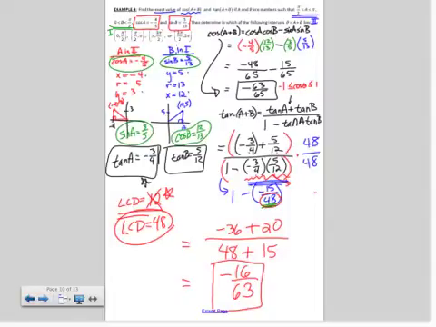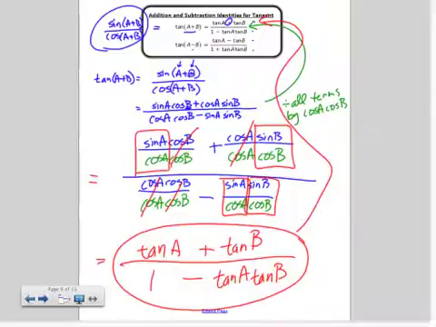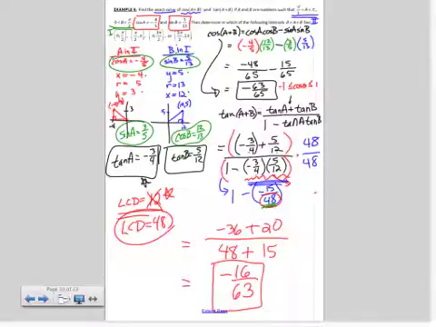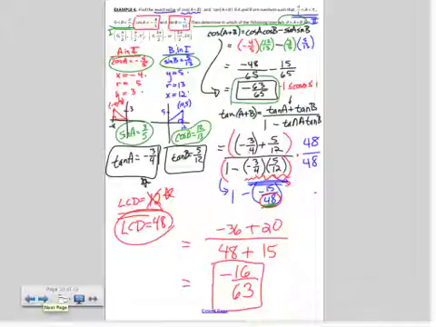Actually, I want to say one more thing about this problem. Because the last thing it says is, then determine which quadrant A plus B lies in. Okay? Let's look at what we have. We have the cosine of A plus B is negative, so that means from that information we're in quadrant 2 or quadrant 3.